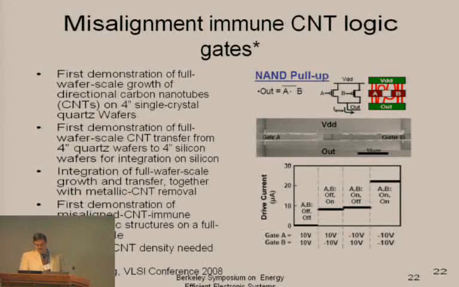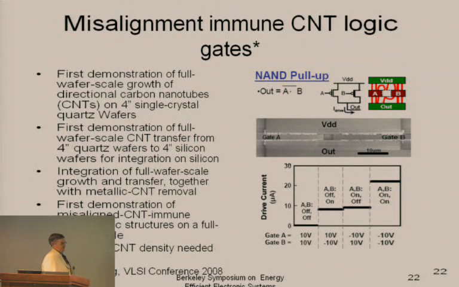But again, we're working with Philip Wong at Stanford, where he's demonstrated full wafer deposition of aligned carbon nanotubes, transferred those to a silicon wafer with a transfer technique, aligned them, and then demonstrated a defect tolerant architecture where he exploits the advantage that you have by nanotubes being asymmetrical.